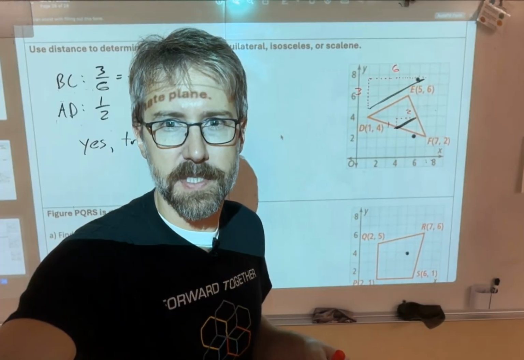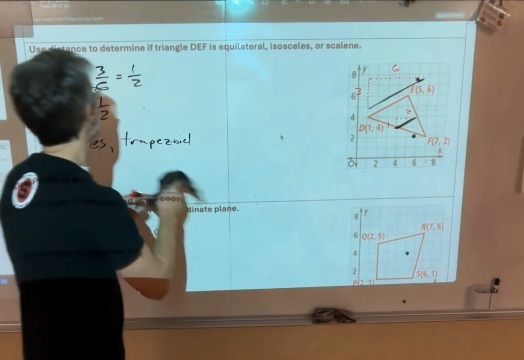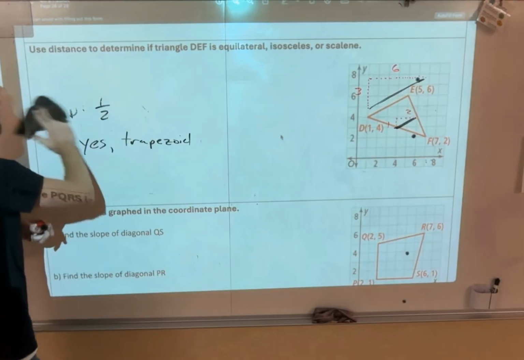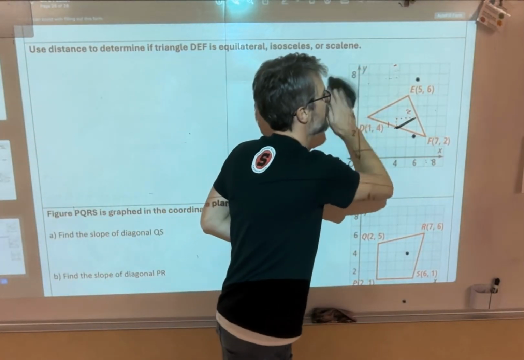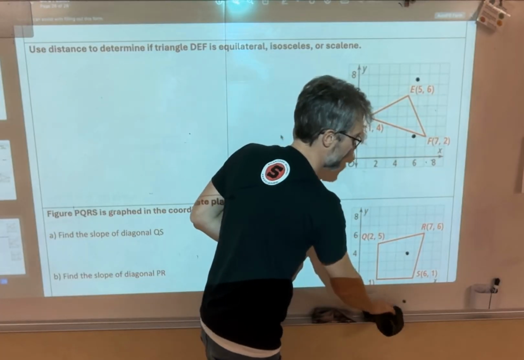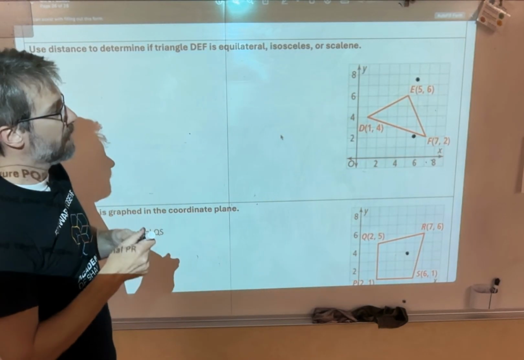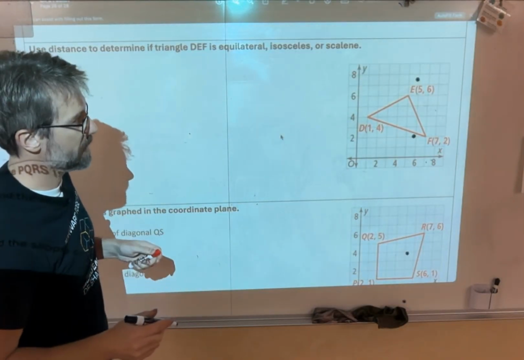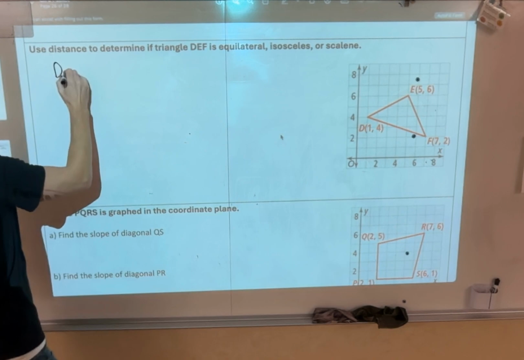All right, using the distance formula to determine if this is equilateral, isosceles, or scalene. What we're going to need to do is use the distance formula 3 times here to determine what type of triangle this is. So why don't we start with DE?